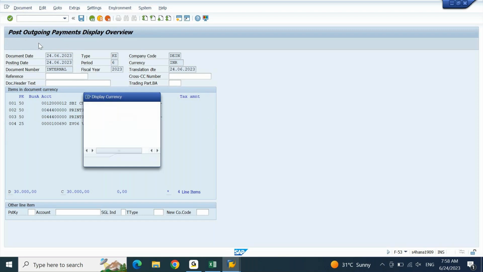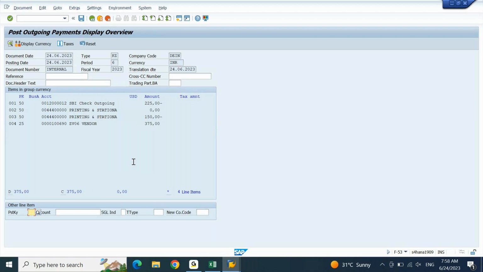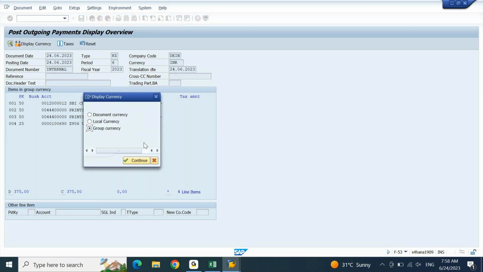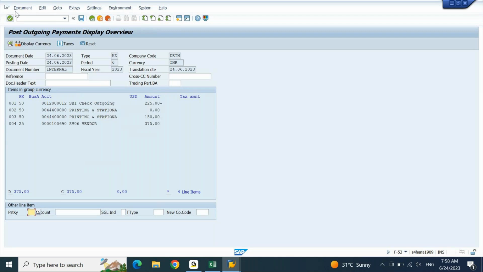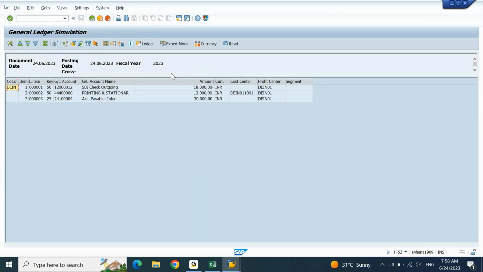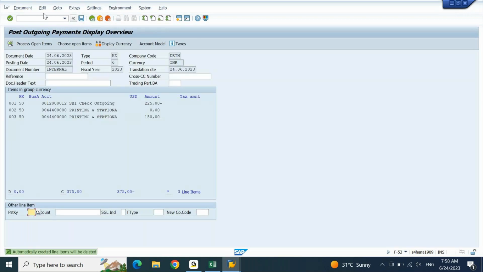If I go to group currency, let's simulate the general ledger to understand this clearly. It's only 3.